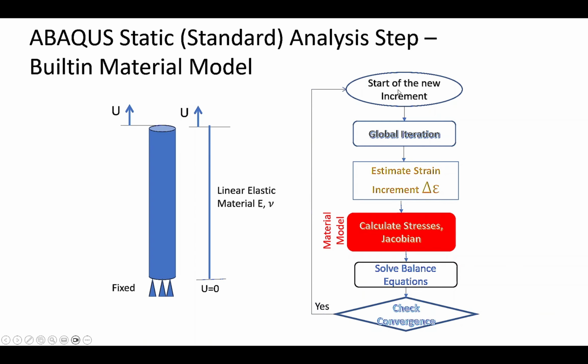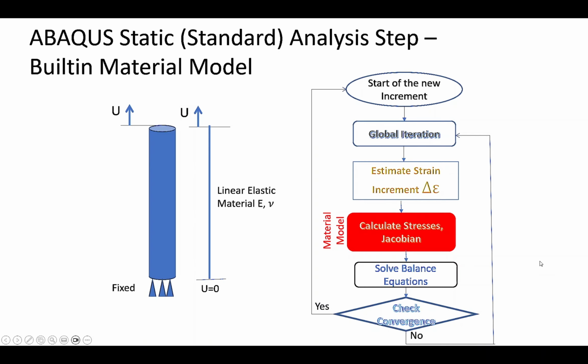This way your simulation progresses until it ends at the total displacement defined as the boundary condition. If it doesn't converge, it goes back to the global iterative solver, reduces the time increment, and comes back with a smaller strain increment tensor, then repeats the same process until it gets convergence. So this is how it works.